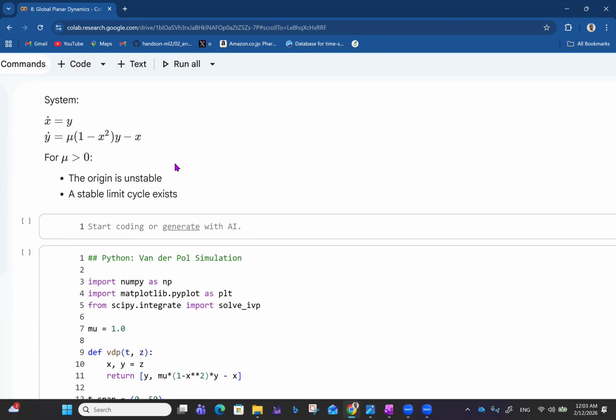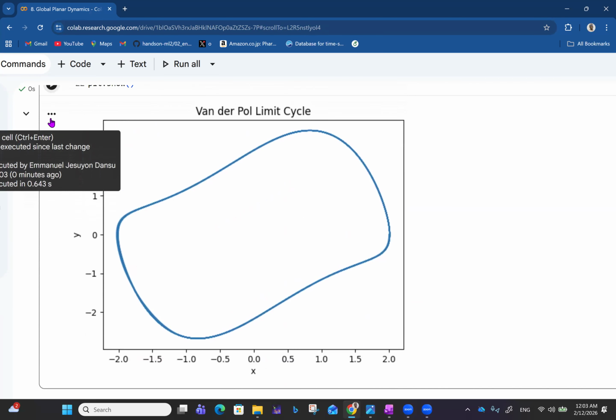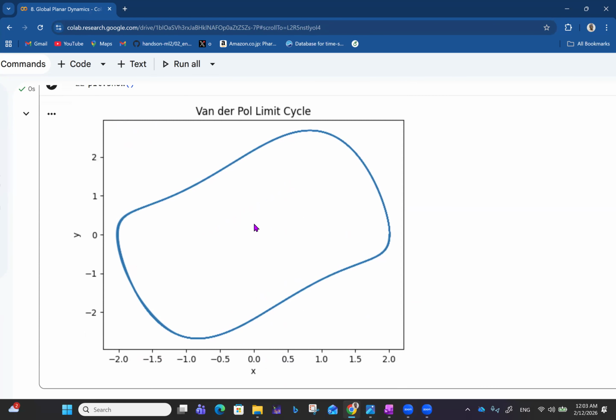So the equilibrium point is zero, zero. It means in this case we most likely have a limit cycle hovering around zero. You can see zero zero is somewhere around there. So you have a cycle around it; this is the Van der Pol limit cycle, around zero zero, which is the equilibrium point.